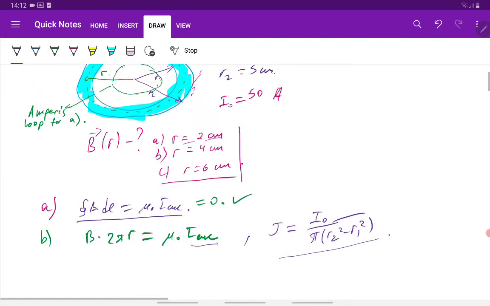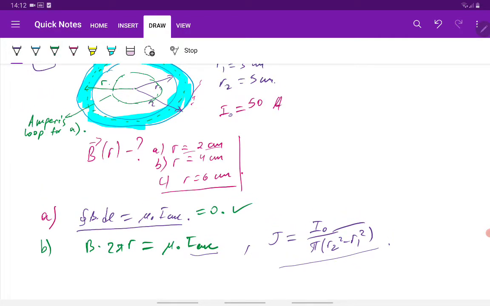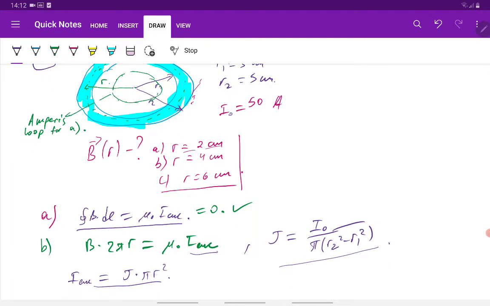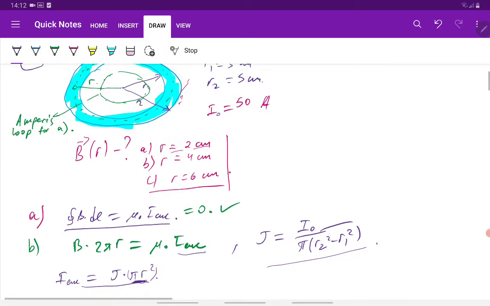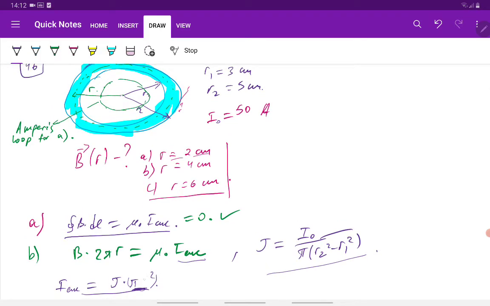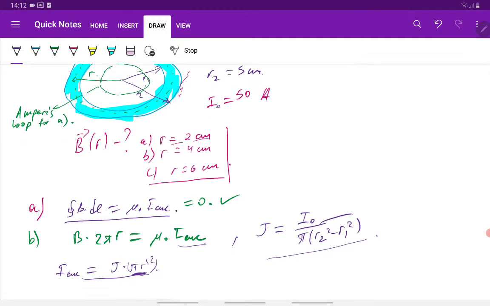Since we know the current density and the current is uniformly distributed over the surface, we can easily find the enclosed current. So I enclosed for part B equals J multiplied by the area, pi r squared. But pi r squared would be the area for a solid cylinder. Again, we have to do the same trick.